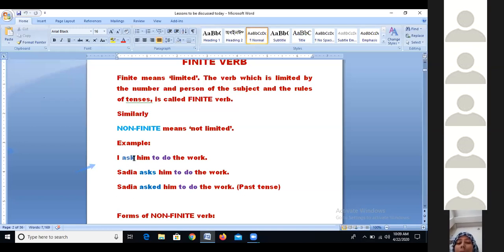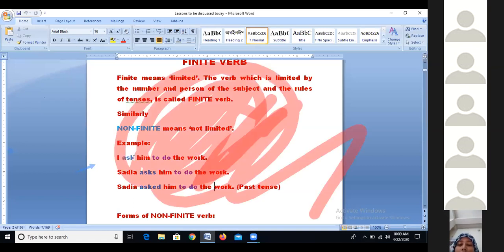So we call it finite verb. Okay. So why do we call it a finite verb? It is finite, or it is limited, by the number and person of the subject and the rules of tenses. For that reason, we call it finite verb.